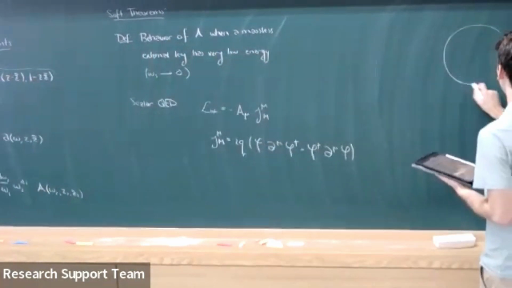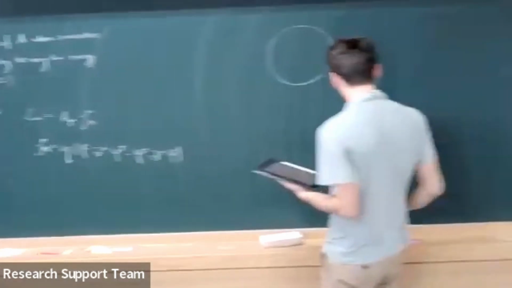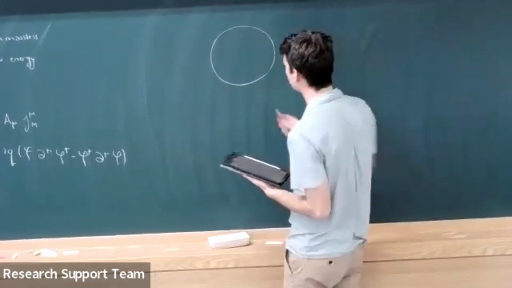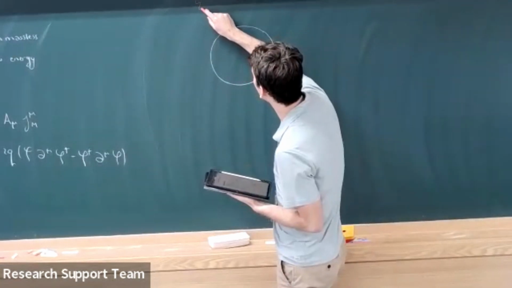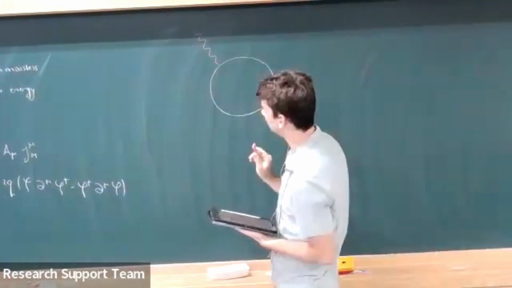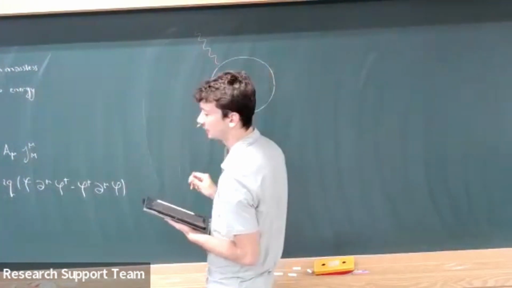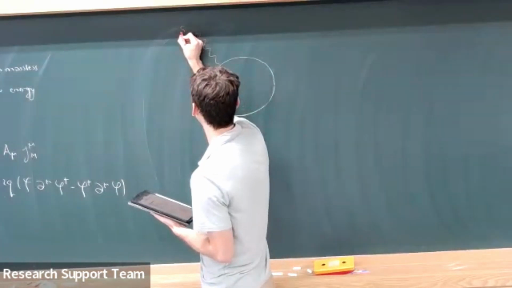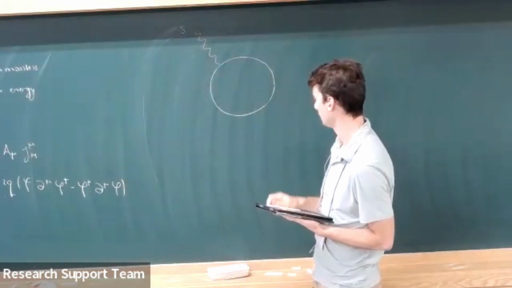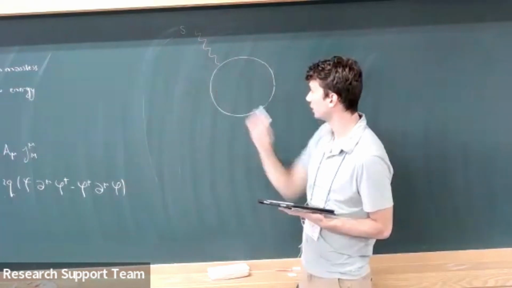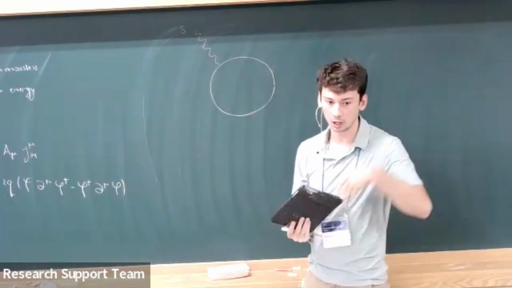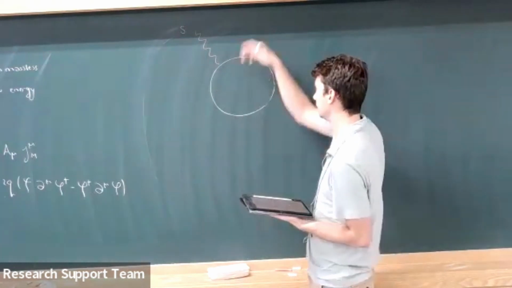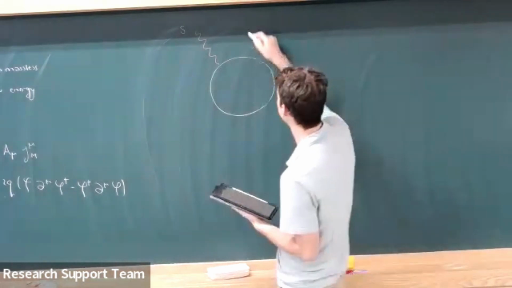So the idea is that we have some scattering amplitude, which we don't know at this moment. And among the external particles is a photon. And the energy of that photon is ultimately going to be taken to be soft. So I'm going to write this is S for soft. And in addition to this soft photon, some other hard particles also appear among the external states in the scattering amplitude.